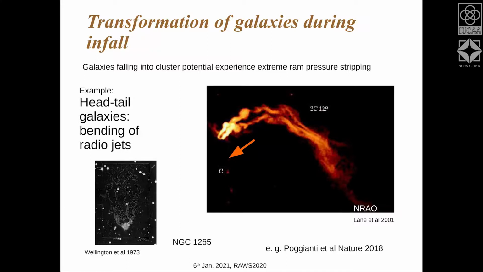So there are different galaxies in galaxy clusters which can basically have radio jets, and depending on how the galaxy is moving through the surrounding medium, these jets can bend, and that is what these bent radio galaxies are allowing us to probe. So there are galaxies called the Headtail galaxies where the jets are very bent, and you can basically learn about the medium that surrounds them.